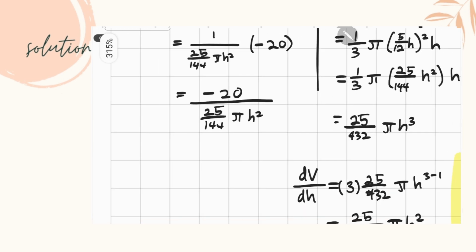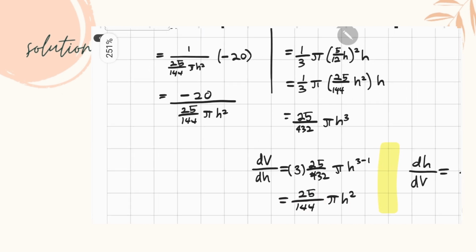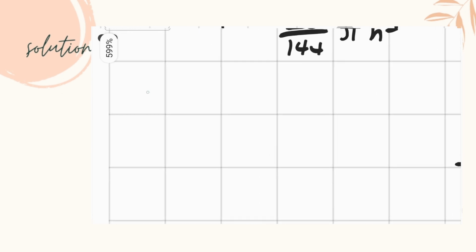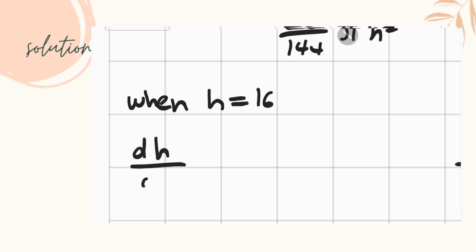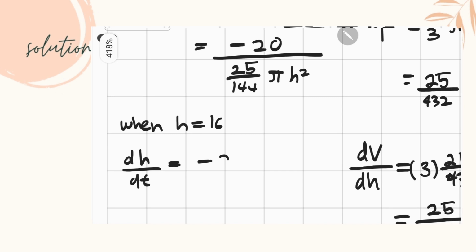Filling in all the information we have to the differential equation, we have h equals 16. So dh over dt equals negative 20 over 25 over 144 pi 16 square.